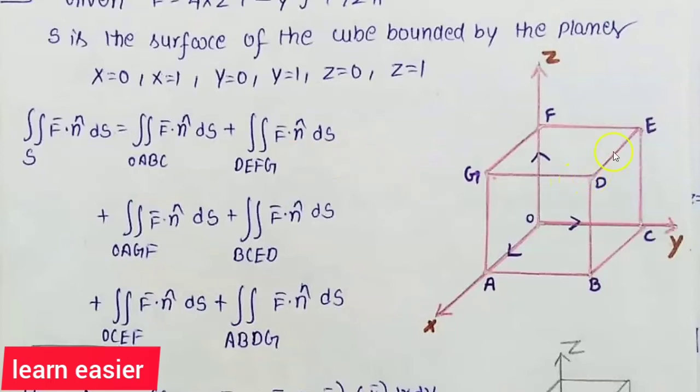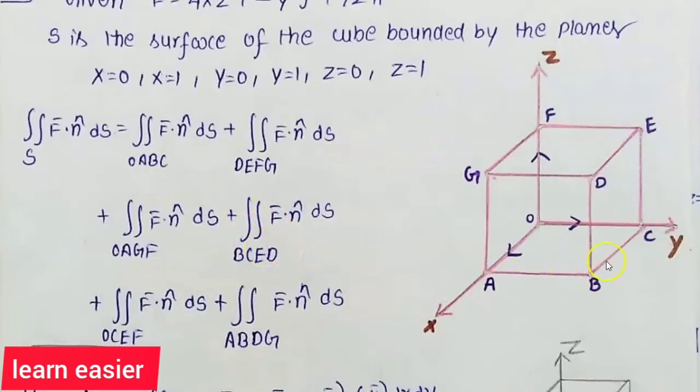So this is the surface for z equal to 1, and this surface integral is for y equal to 0, which forms the surface OAGF. So this is the surface for y equal to 0, and this surface integral is for y equal to 1, which forms the surface BCED.